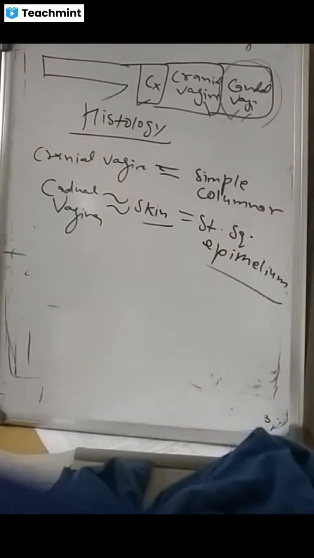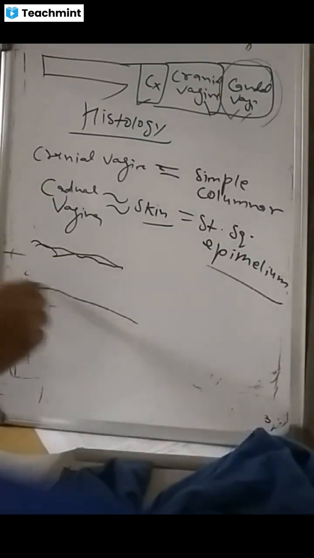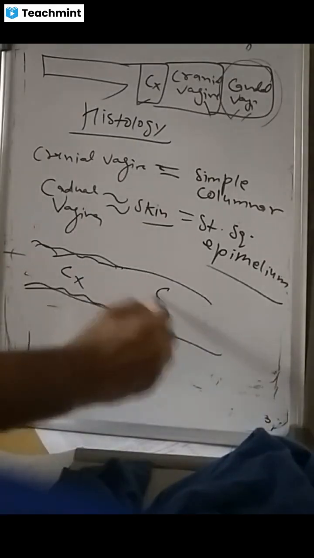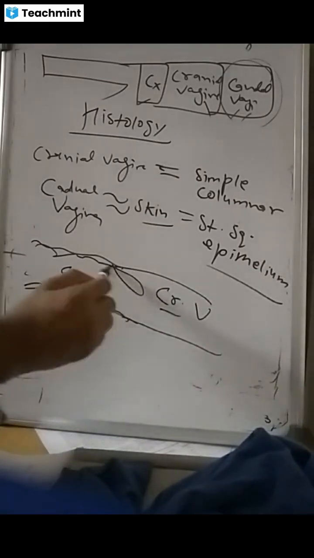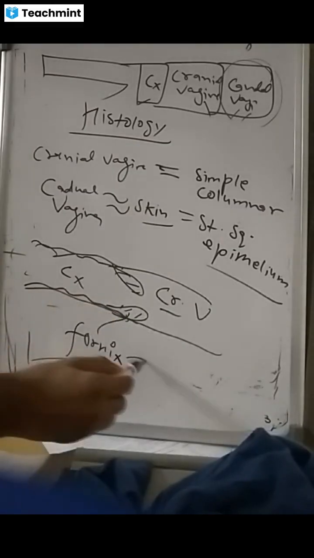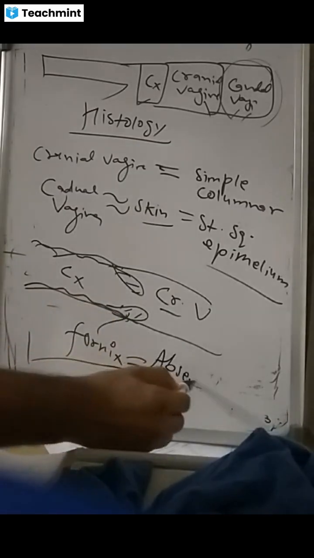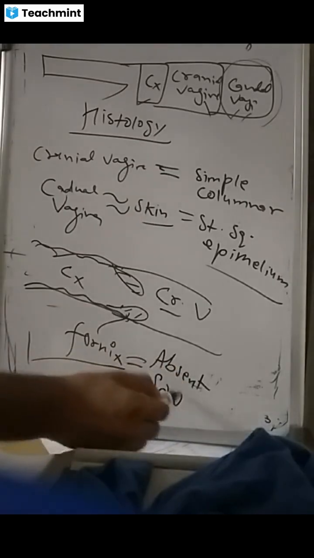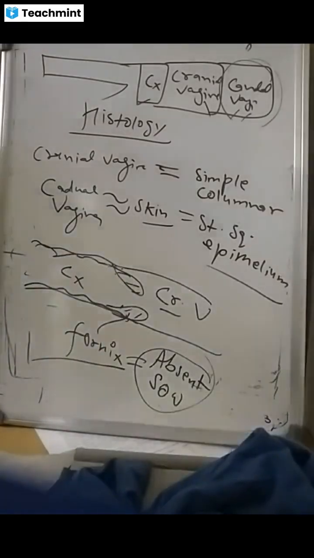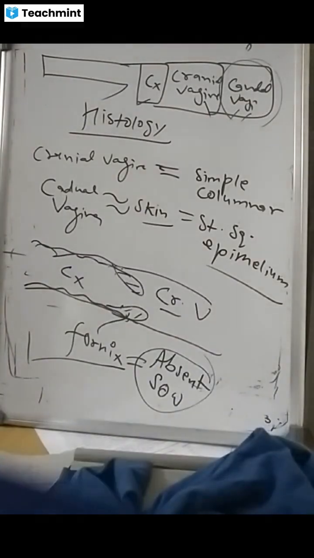The cervix meets the cranial vagina. These are the folds. The fornix is absent in the sow. In case of the cow, the fornix is a part of the cervix or fold. So these are different.